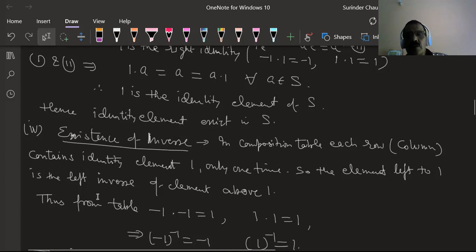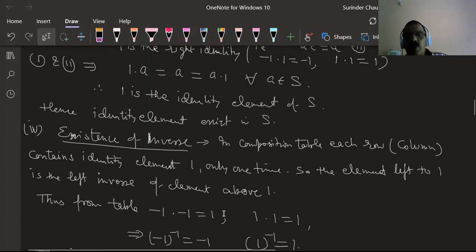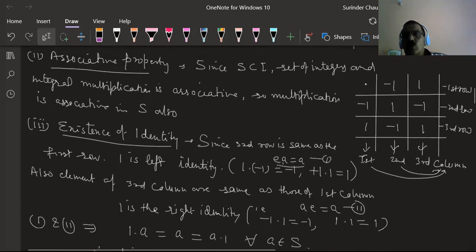Right? Similarly, the element above 1 is the right inverse of the element to the left of 1, from this composition table. This is 1.